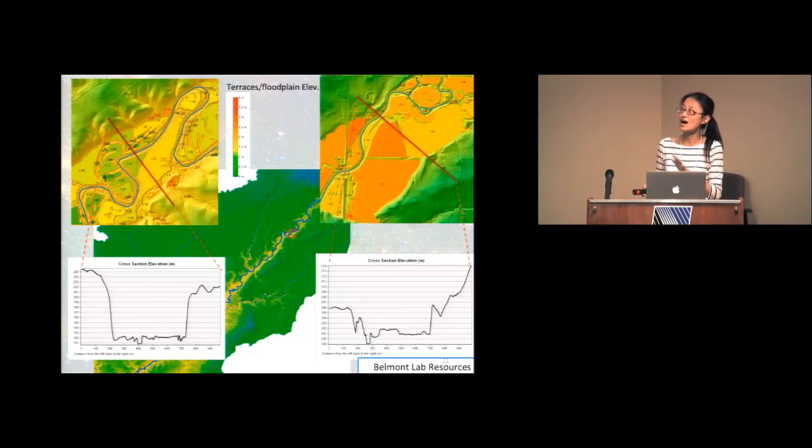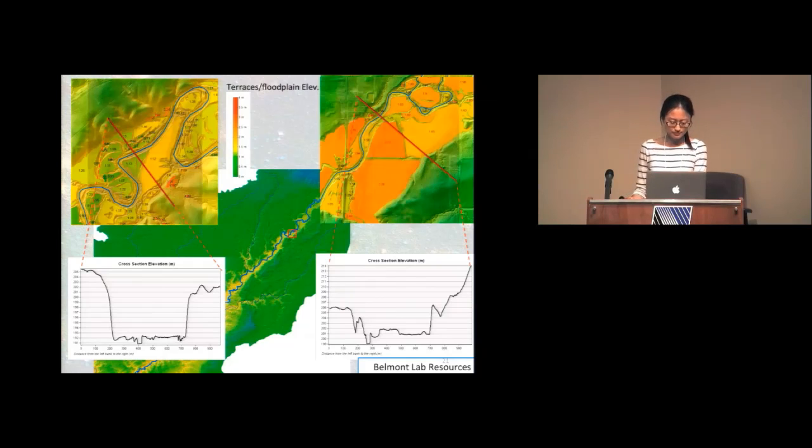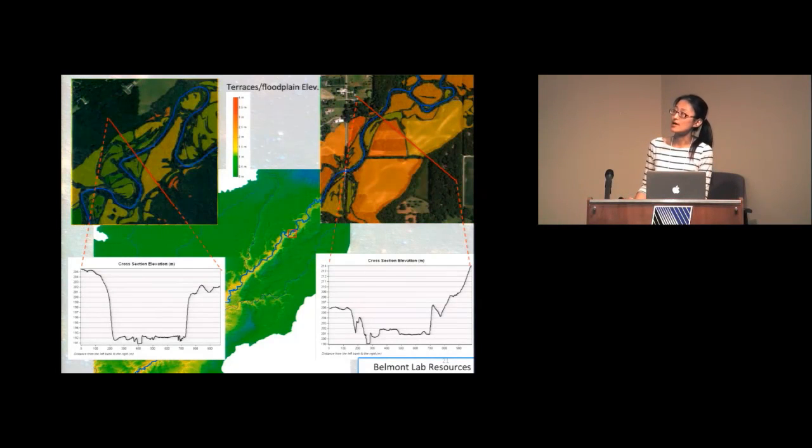So you know how high the flat area is compared to the closest stream channel elevation. These 2 plots are the cross-section information, so you can see the tool gives us really good results about capturing the terraces. This is an aerial photo from Google Earth. We can hardly see them from the aerial photo.